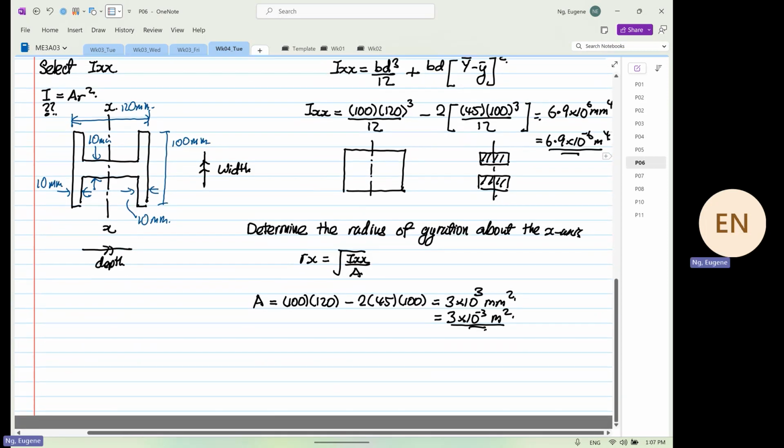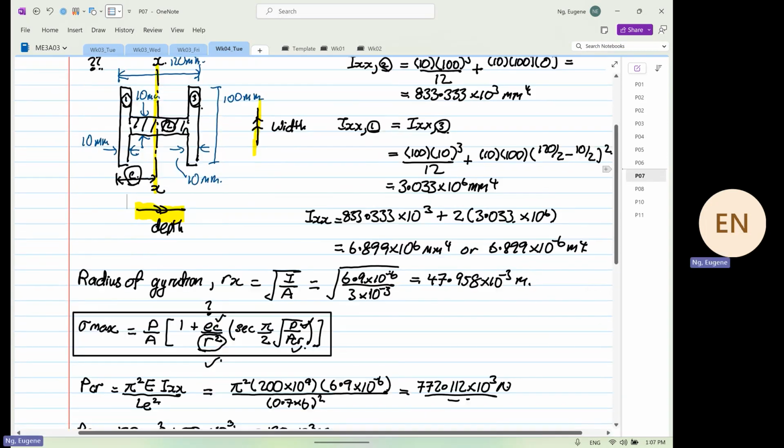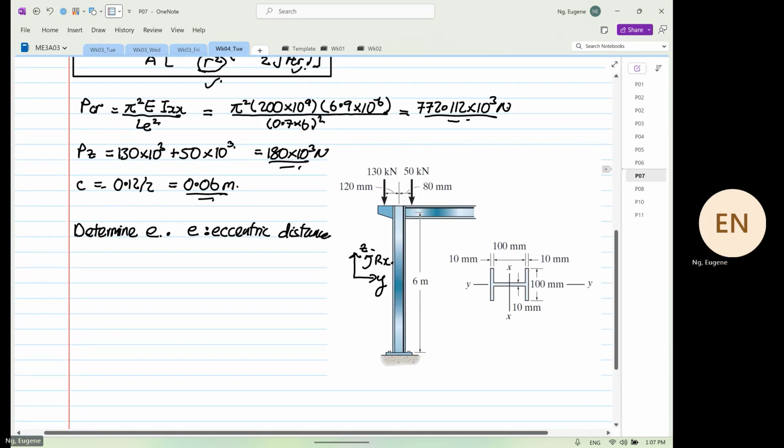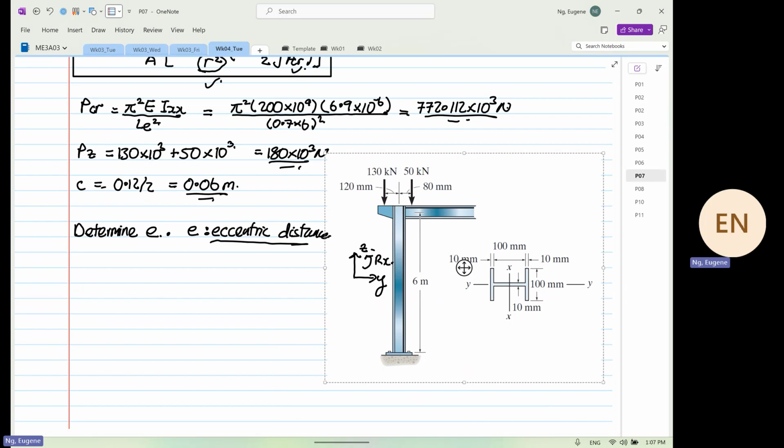So now the next question is this. Y is relative to the cross-sectional area. That is why we have to determine the eccentric distance relative to the centroid and relative to the point of interest.